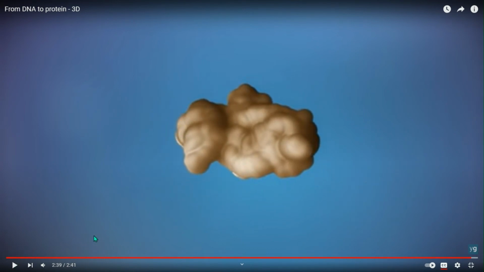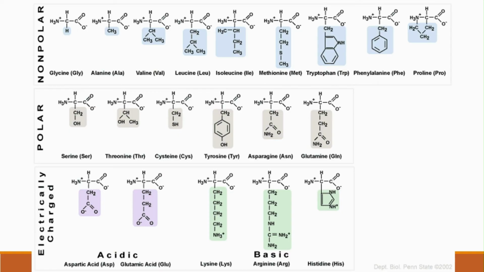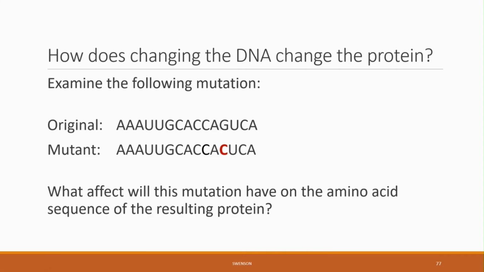And there we have it. Every amino acid has different chemical properties based on its variant group, sometimes called its R group, which is highlighted in this chart. These chemical properties will define how a protein folds, and how it folds will define how it functions.